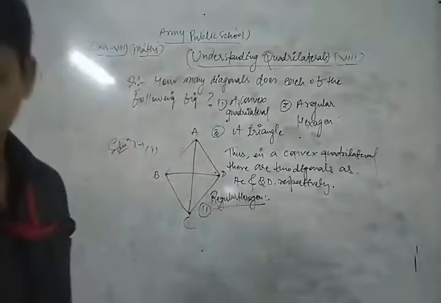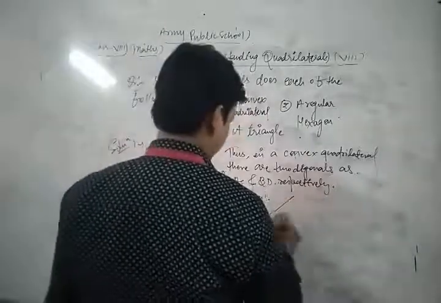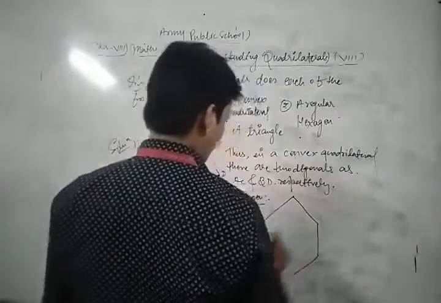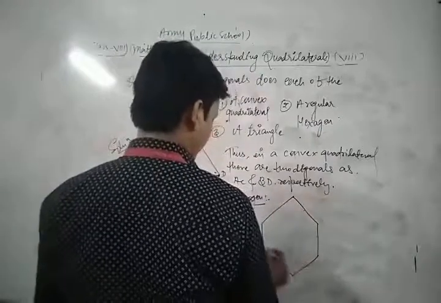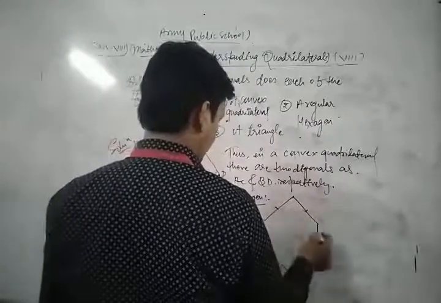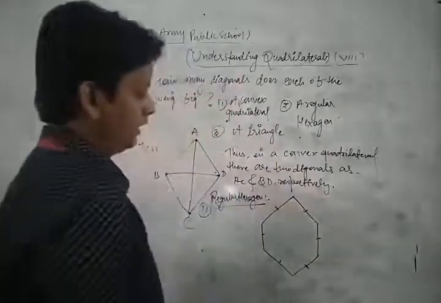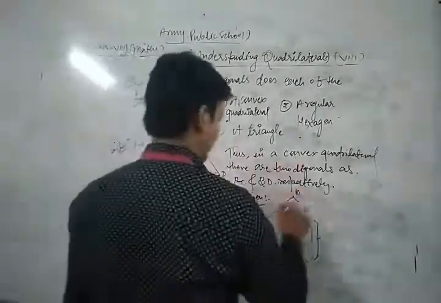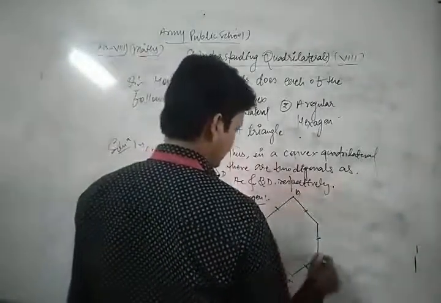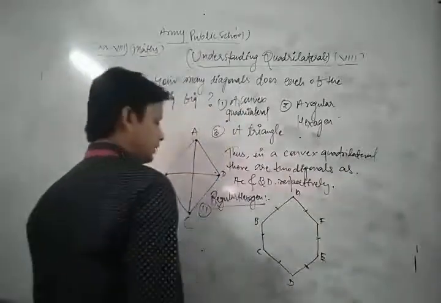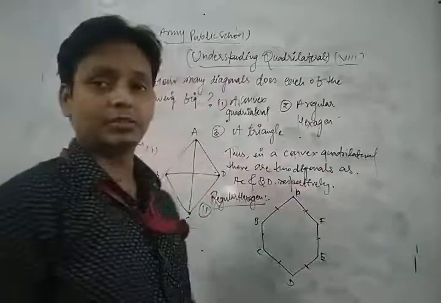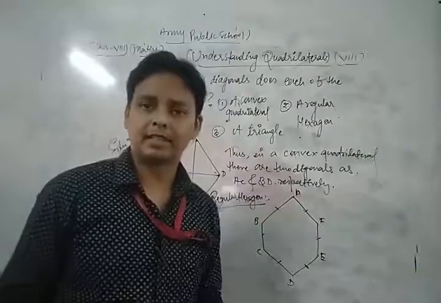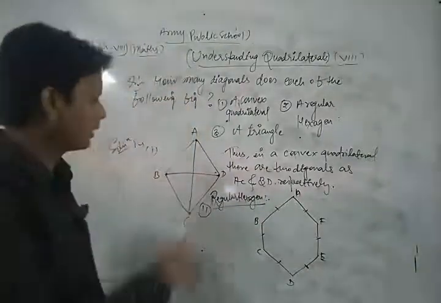First of all we draw it: 1, 2, 3, 4, 5, 6. This is the concept of a regular hexagon. We name it A, B, C, D, E, F. So there are 6 sides which are equal. It is equilateral and equiangular, so it is said to be a regular hexagon.